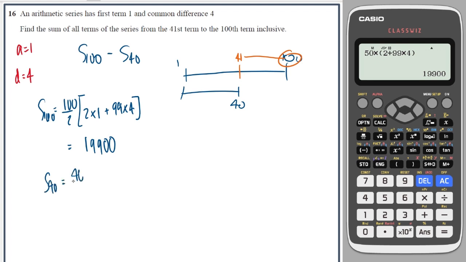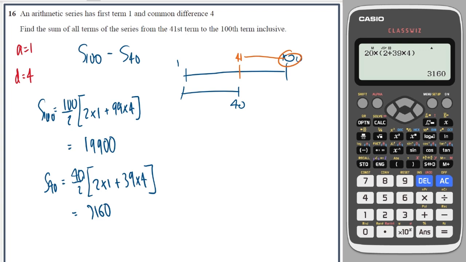And sum to 40 is going to be 40 over 2, 2 times 1 plus 39 times 4. And let's do that on our calculator. So that'll be 20 multiplied by, in brackets, 2 plus 39 times 4. And that is 3160.